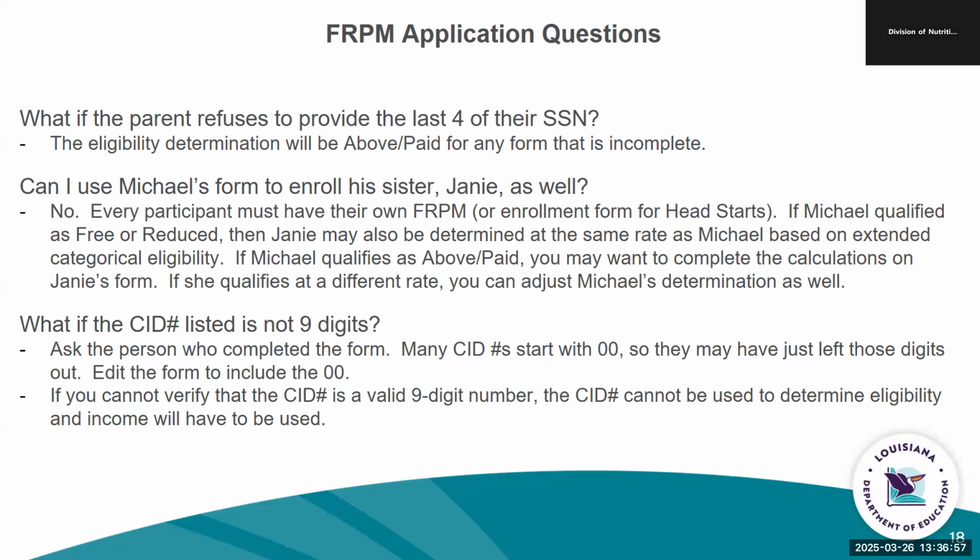See if you can get a copy of that. They're probably just misunderstanding. If you can't verify that CID number is valid, have them put their income as well. Because 9 times out of 10, that income will qualify them in the free category, and that's going to save you some time.